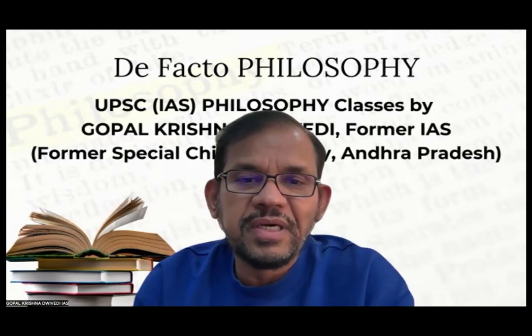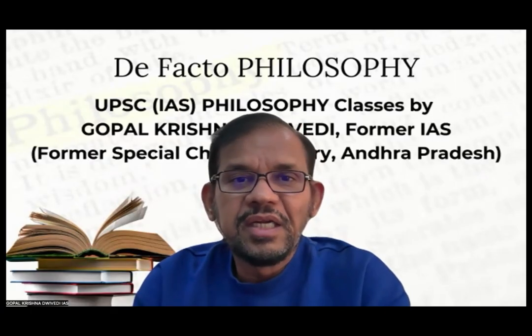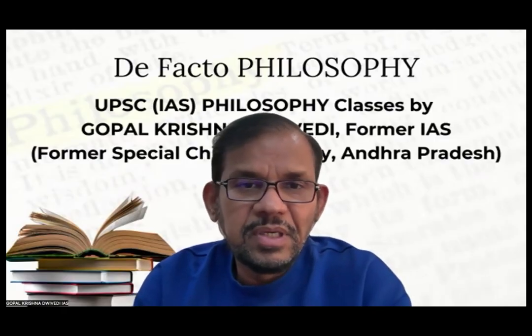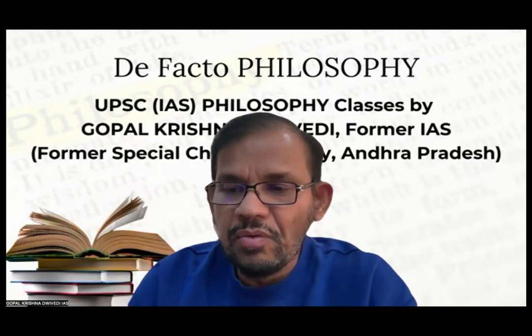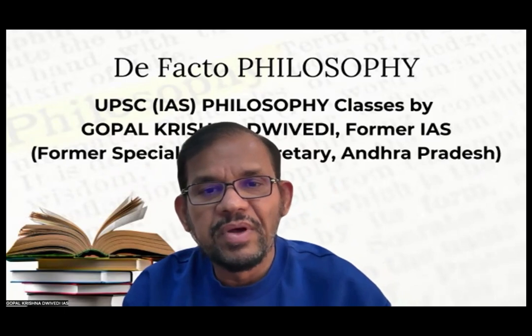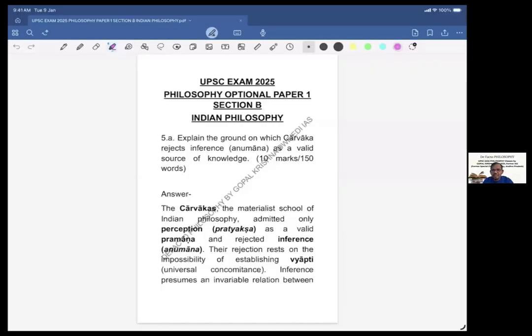Though a few questions were direct, most of the questions were indirect, comparative, critical, evaluative questions, which required application of mind in the exam. Now let us see section B of paper one: what were the questions and what can be the model answer for that?